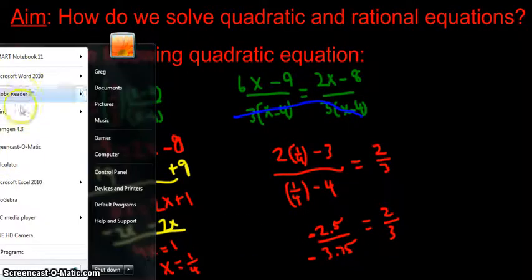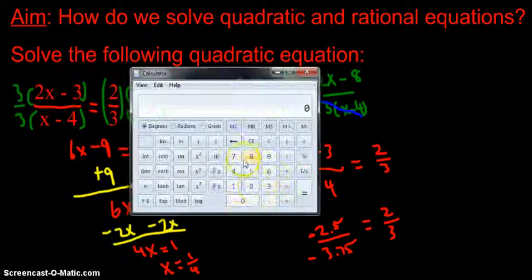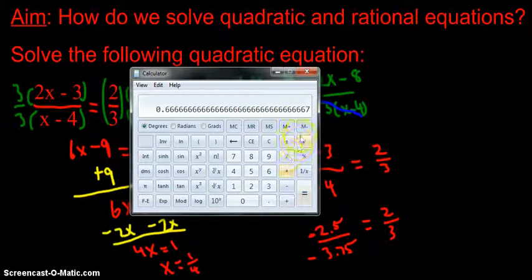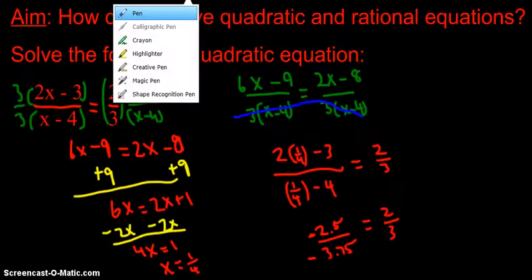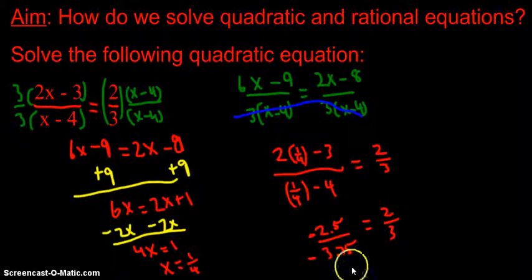Let's use my calculator real fast, and we'll see that negative 2.5 divided by negative 3.75 is equal to 0.666666, which is the same thing as 2 divided by 3. So using the calculator, we see that this is equal to 0.6 repeating, and so is this. So they are equal. Thank you.